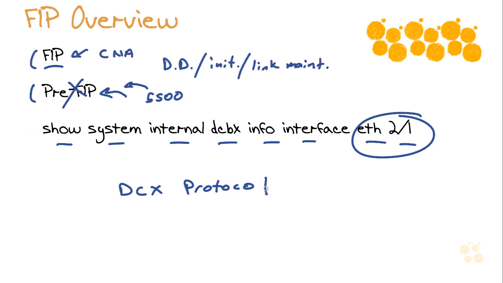You are dealing with a FIP device if it's reported as CEE. You are dealing with a pre-FIP device if it reports CIN.